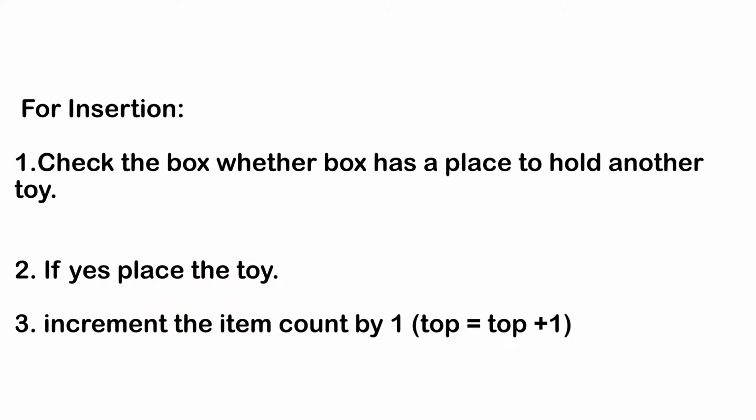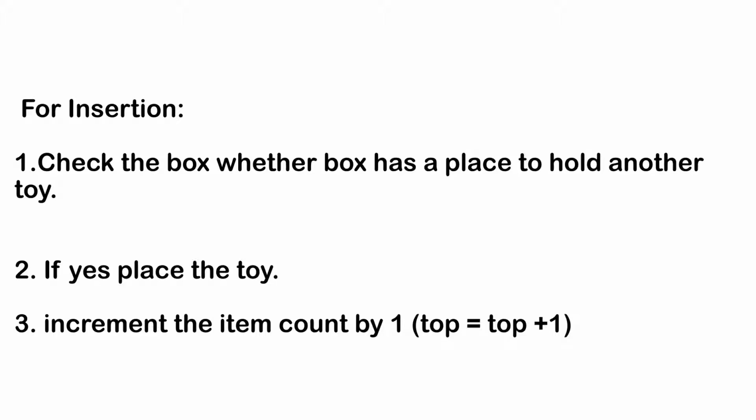Now you know how the push operation has to be performed. For inserting an element or pushing an element into the stack, first you need to check whether the stack is full or not. That is the first point. Check whether the box has a place to hold another toy.